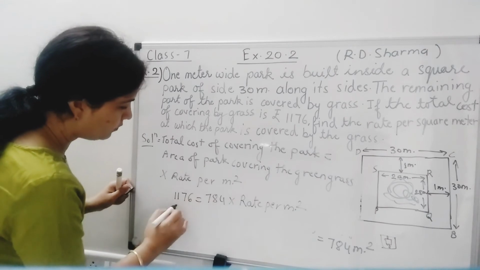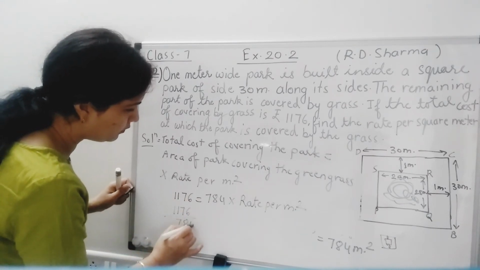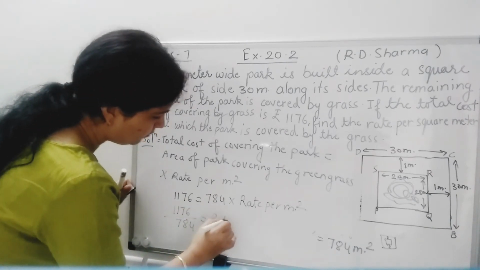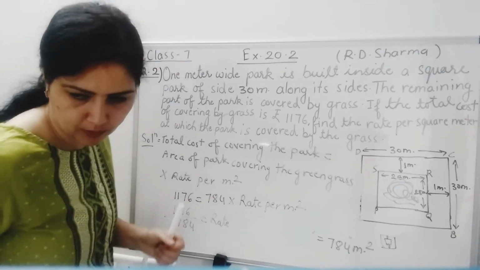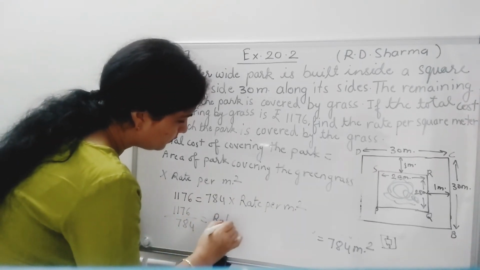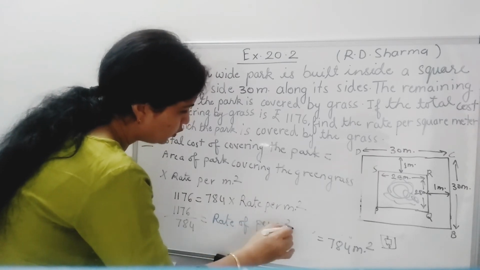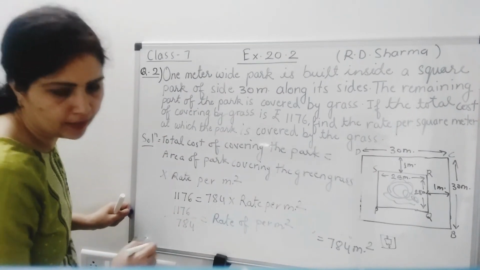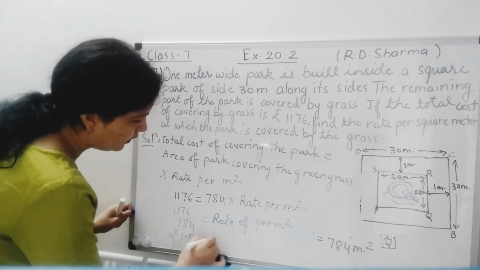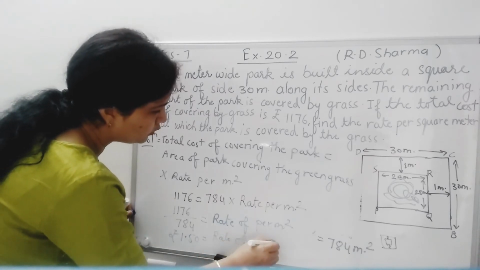If you divide 1176 by 784, that will be the rate per meter square. Sorry, my markers are not working today. If you divide, you will get 1.50 rate per square meter.